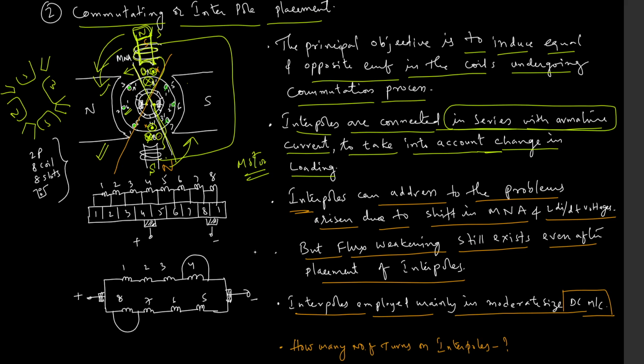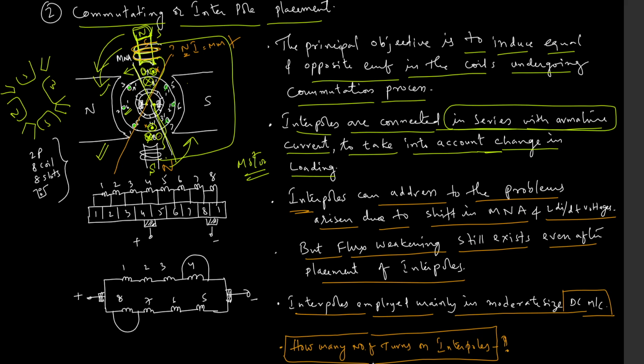Now I'll keep asking you some questions here. Now, how many turns should I place on the interpole? You think over this for a while. I have shown the turns here like this. Now how many turns should I place here? Because the current is fixed. Ni is the MMF.